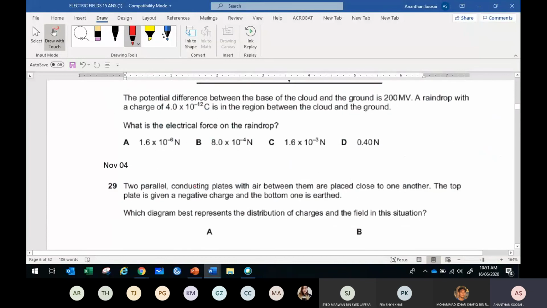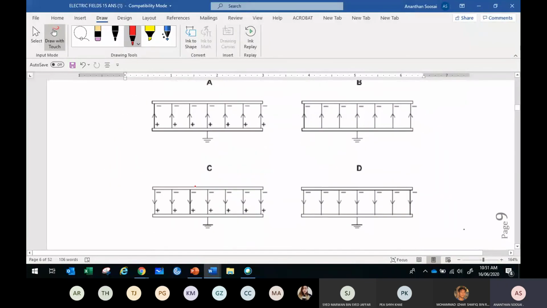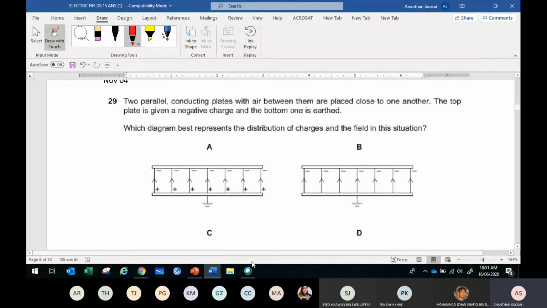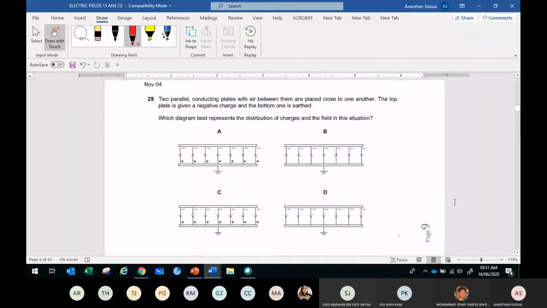Okay, this one. Page 9, question 29. What's the answer? Send me the answer.